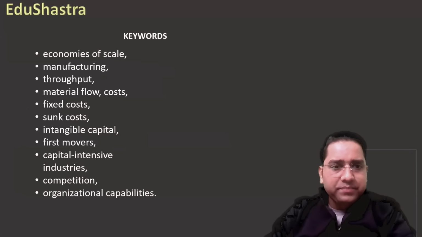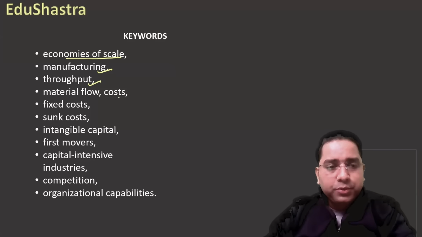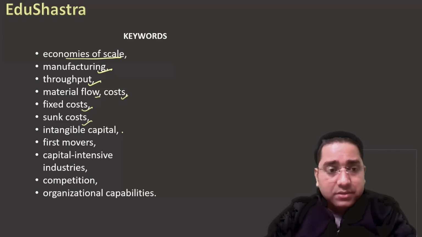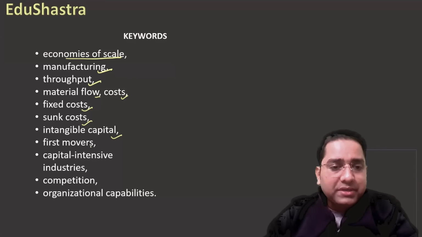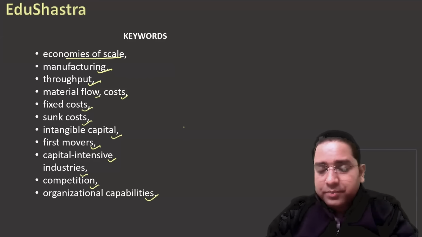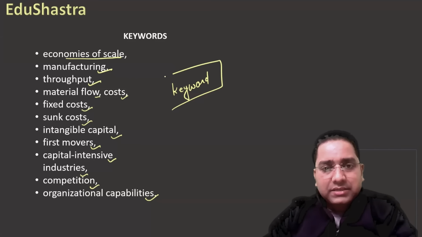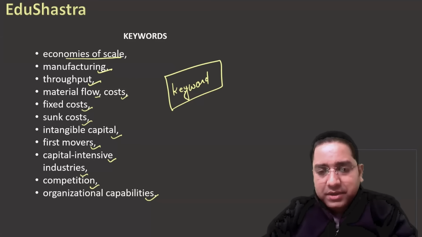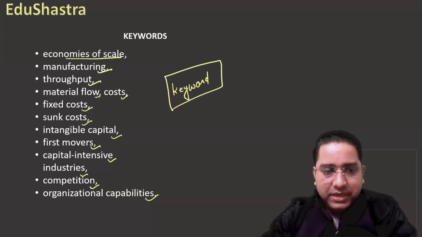So keywords will be economies of scale, manufacturing, throughput, material flow, cost, fixed costs, sunk costs, intangible capital, first movers, capital intensive industries, and that's all. Right? These are those words. If you omit them, there will not be the same meaning as it has now. Correct?